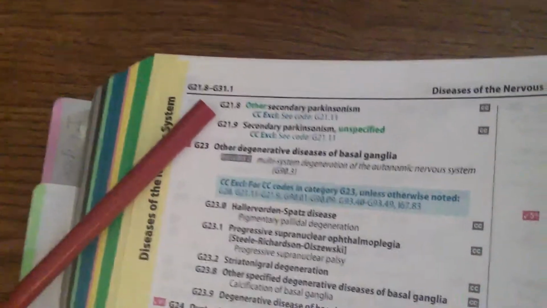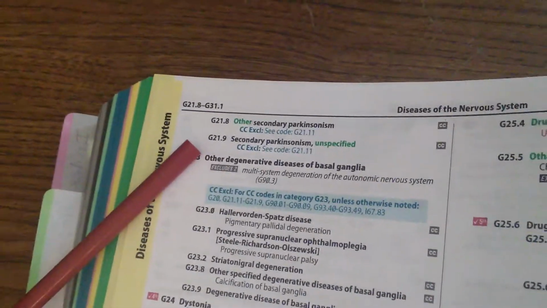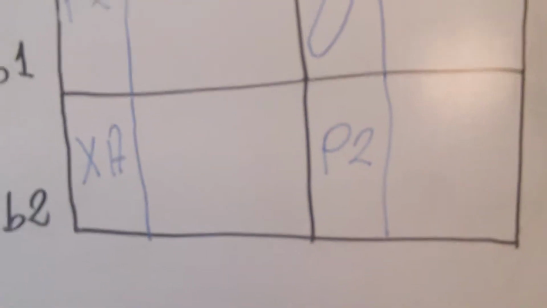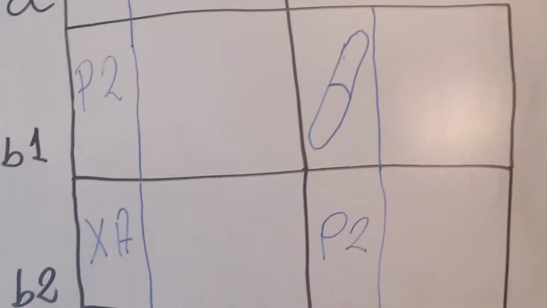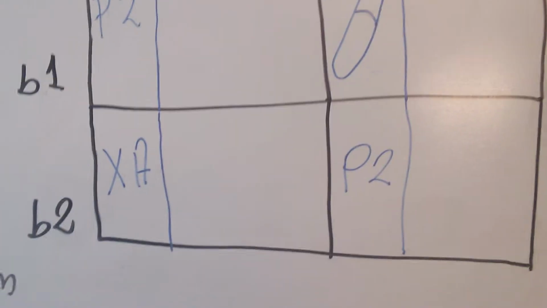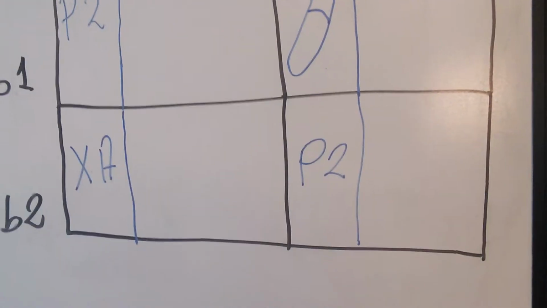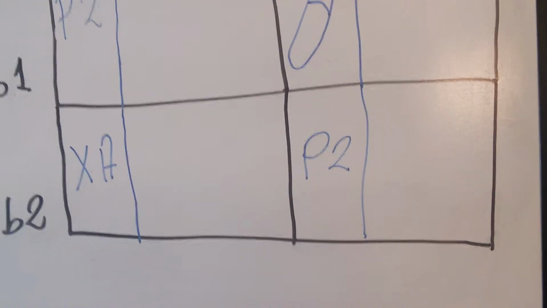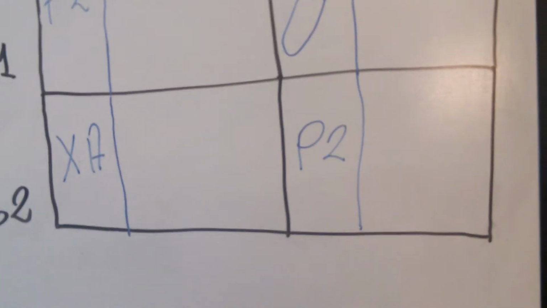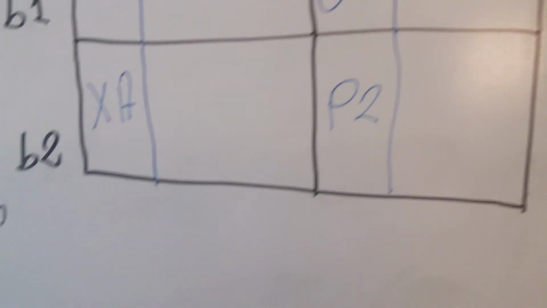Right. G21 up to 9. And so this is a third way of coding this, which means that the external agent goes first and Parkinson's disease secondary goes second. Why? Because in the instructions it said code first.